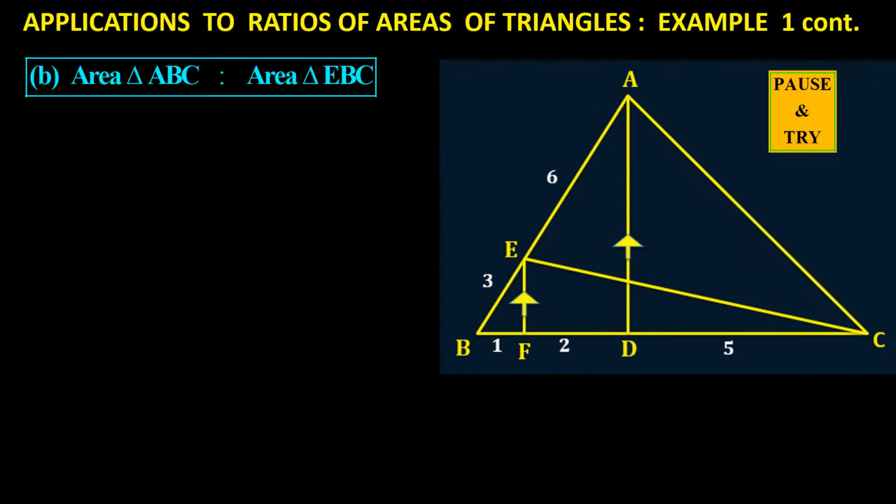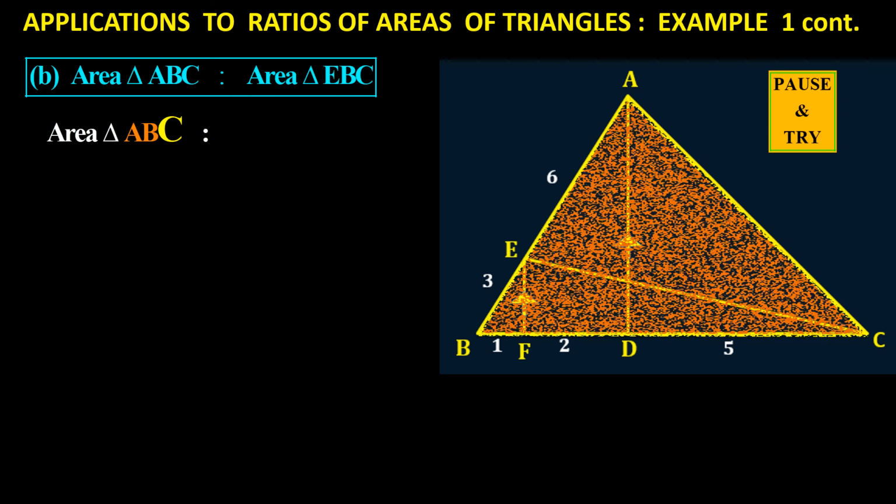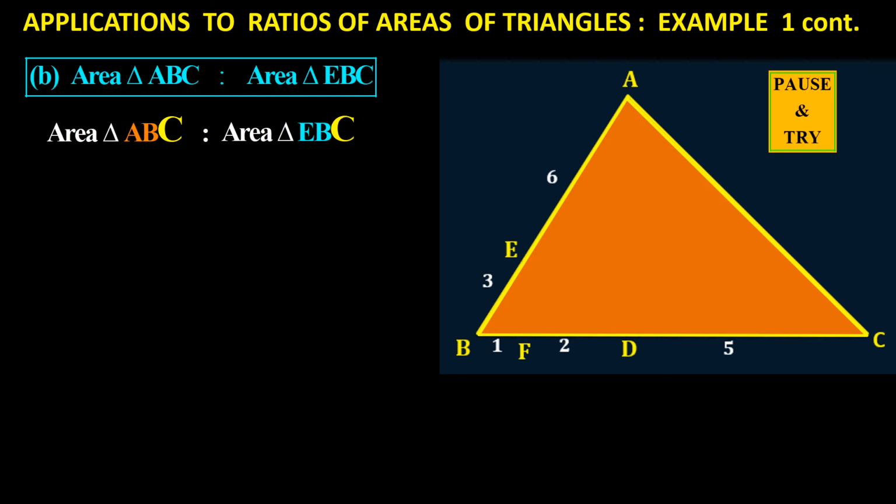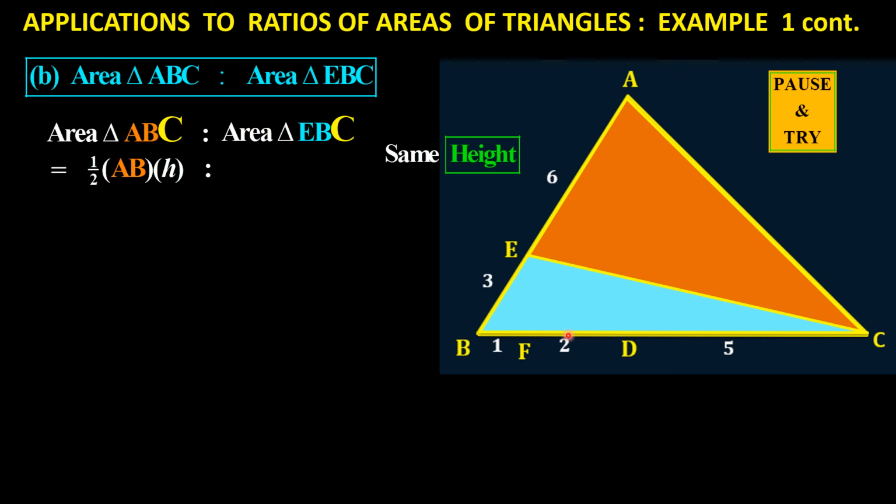Let's look at the ratio of two other triangles in the same diagram. So we want the area of ABC, the large triangle there, and we want to find EBC. There's EBC. Do you see a height? Yes, we can have a height from C to AB. So they actually have the same height.